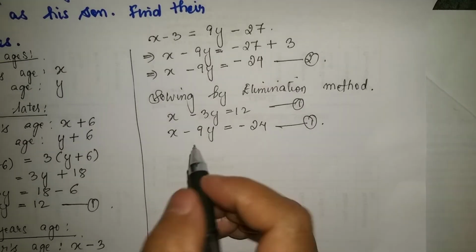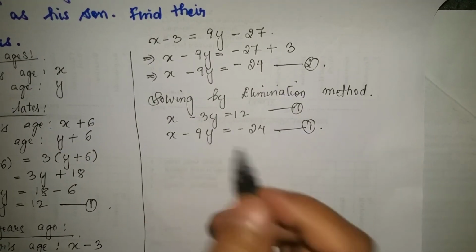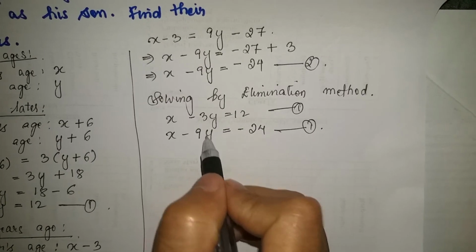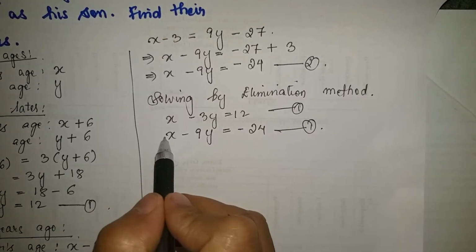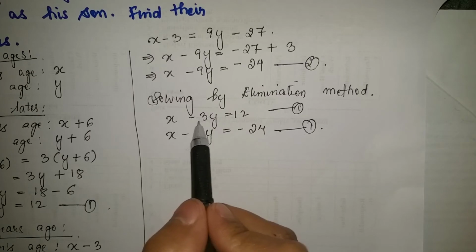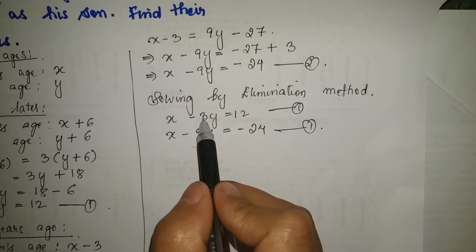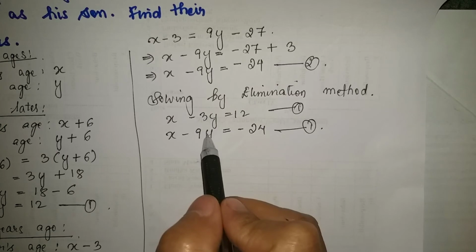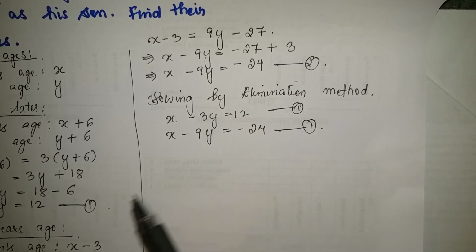In elimination method, I can eliminate y, or I can eliminate x. If I eliminate y, I have to make the coefficients of y in both the equations numerically equal.